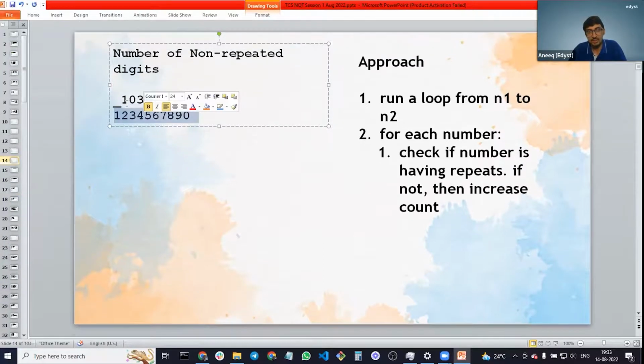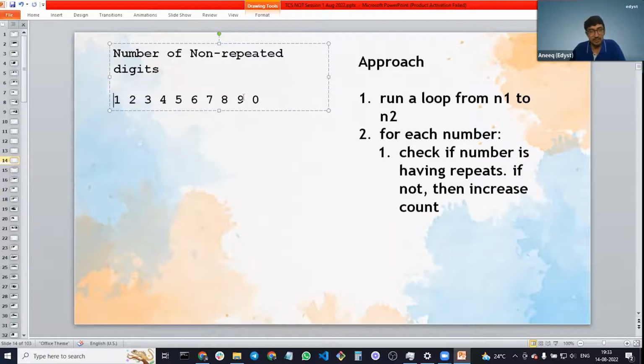So if I think of it like this, there are 10 digits totally, so this is blank. This is what the number looks like. Technically speaking, I need to go from this number up until that number, correct?